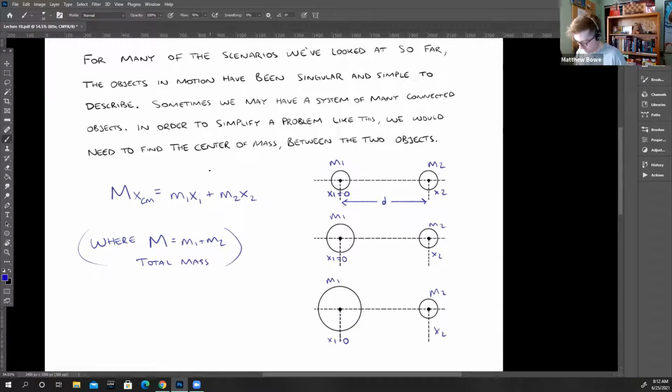So that's why I'm going to write that the position of the center of mass, after I divide by the total mass, is m2 over total mass times the distance between the two objects. And we know capital M is just the total mass, so I'll rewrite it like this.